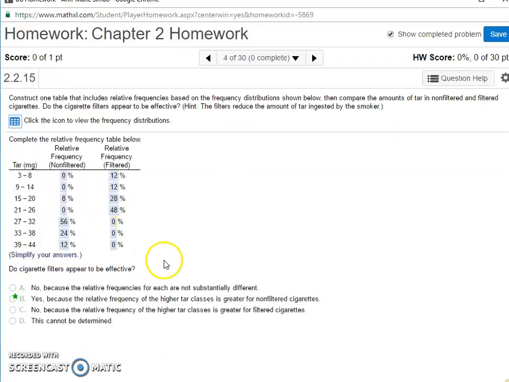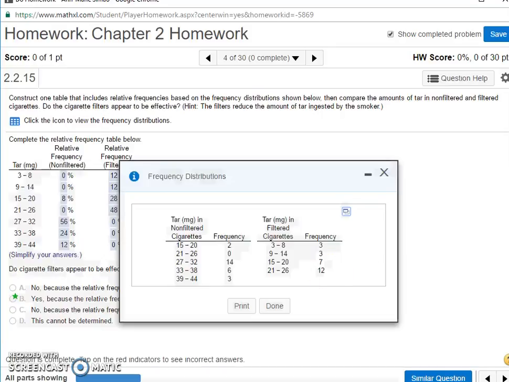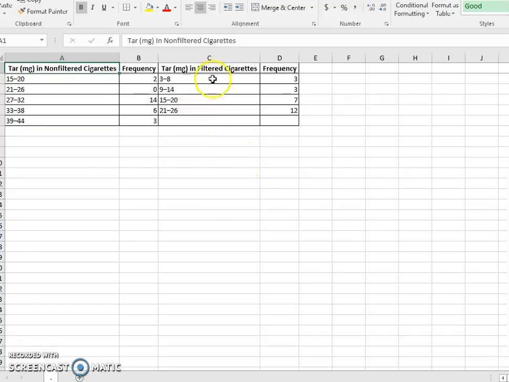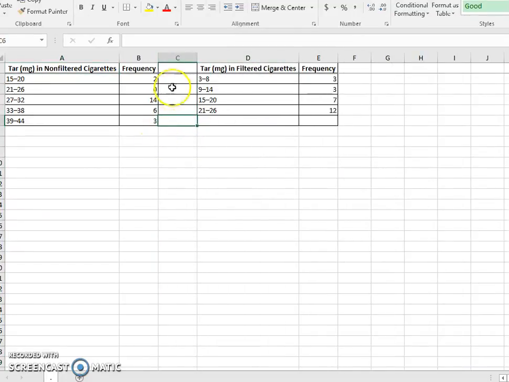So this is asking me to create relative frequencies. So what I'm going to do is I'm going to click on this right here, and that's going to give me the data. There's this little box right here. If I click on that, I can open it in Excel. So as I open this in Excel, it's going to give me my data. So what I can do is I can insert in between. That way I can get my relative frequencies.